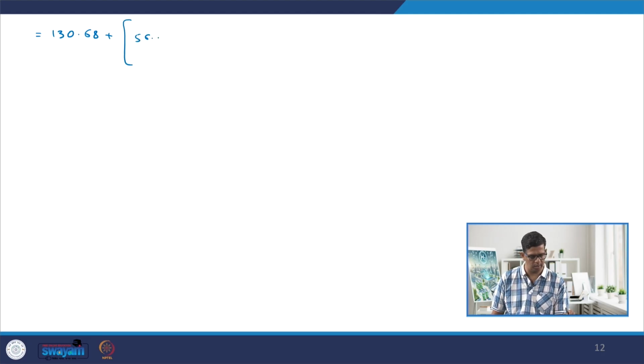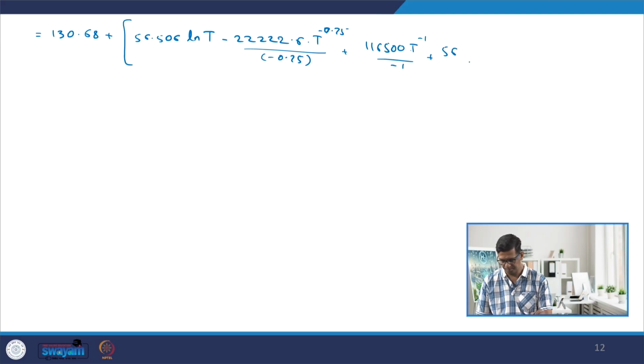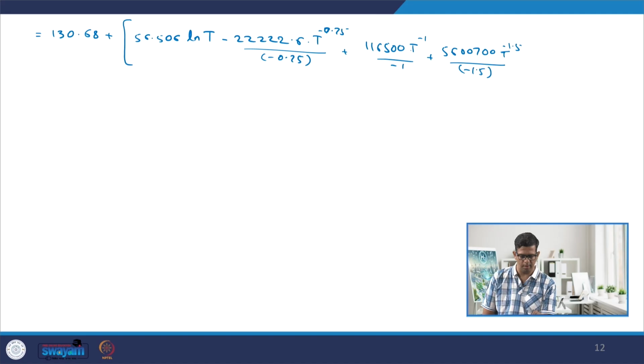So it is 56.506 ln of T minus 2222.6 times T to the power minus 0.75 divided by minus 0.75 and plus 116500 times T to the power minus 1 divided by minus 1 and plus 560700 times T to the power minus 1.5 divided by minus 1.5.